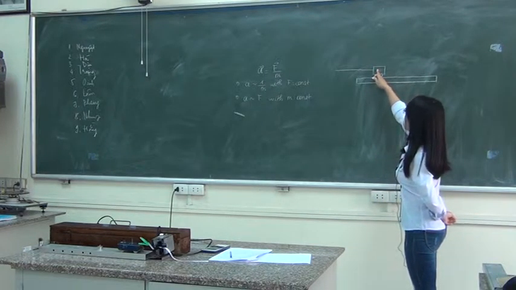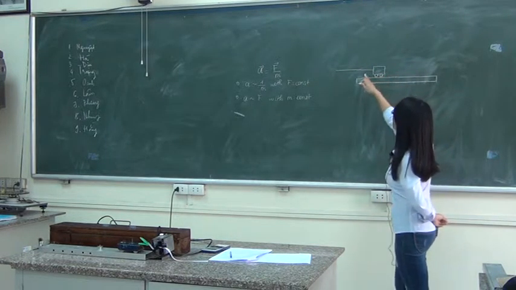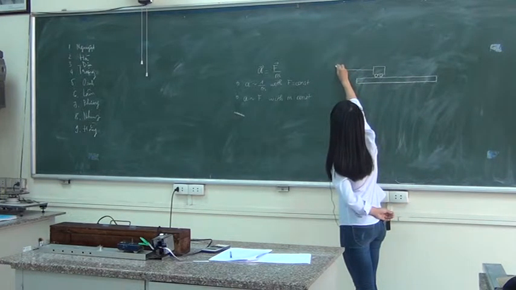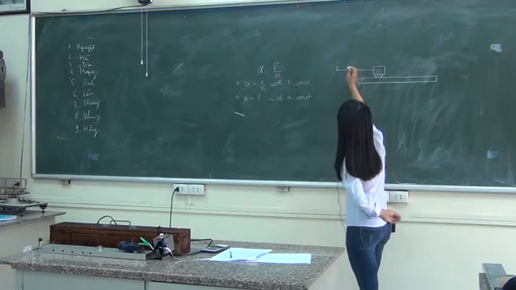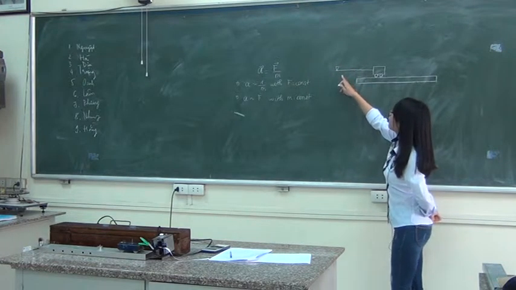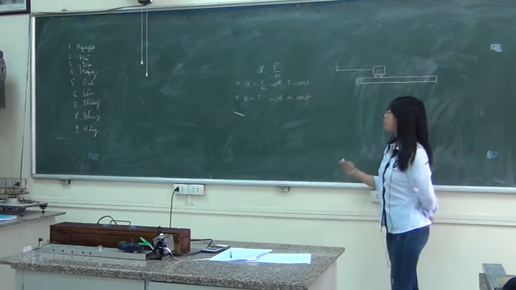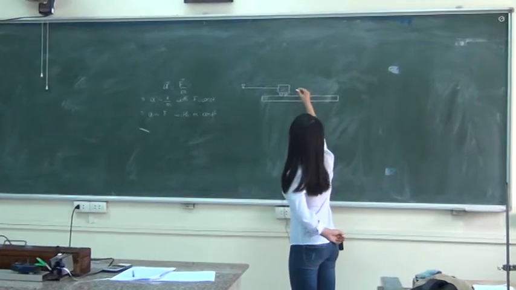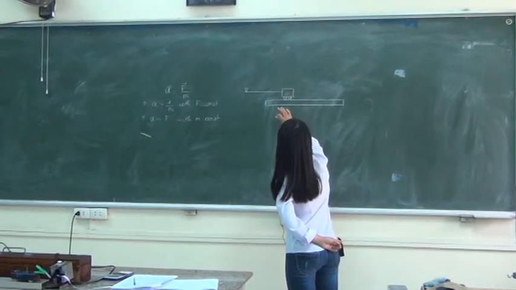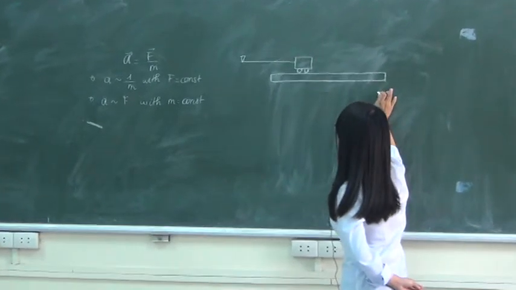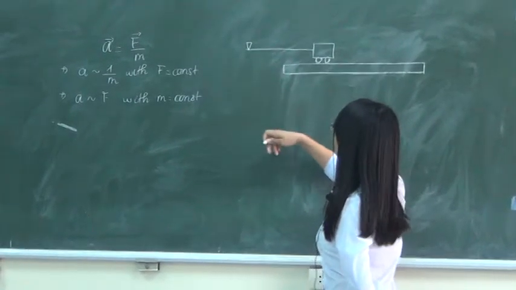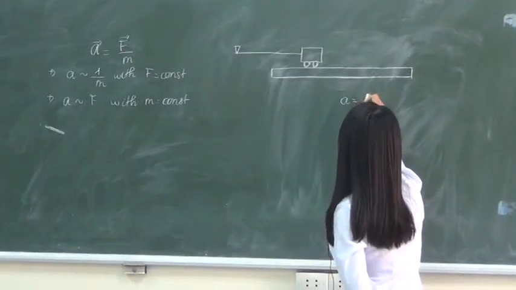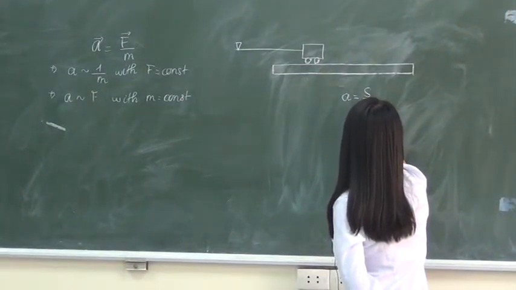When this cord is moving, it will pull the tape, and the ticker machine will mark on the tape each 0.02 seconds. By measure the distance and the time, we can determine the acceleration A equal to s over 2t squared.